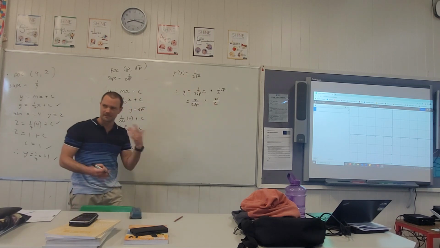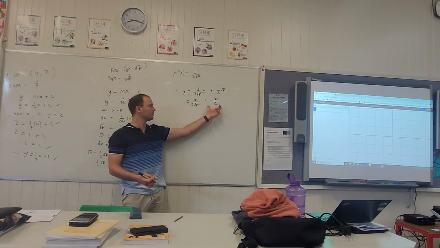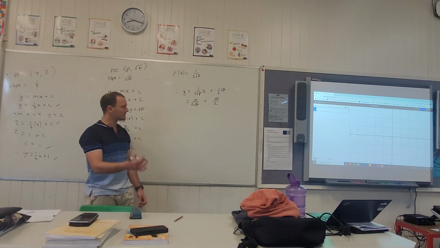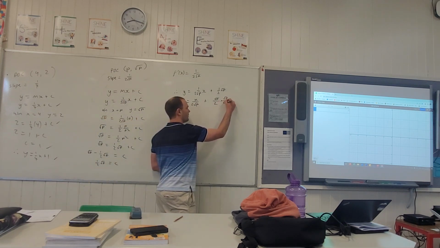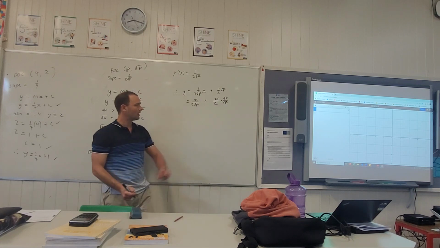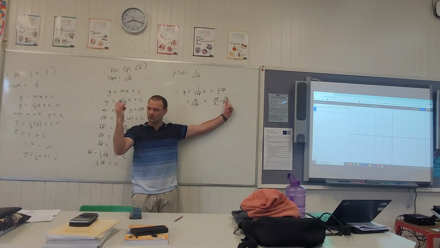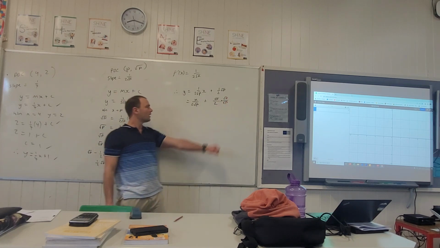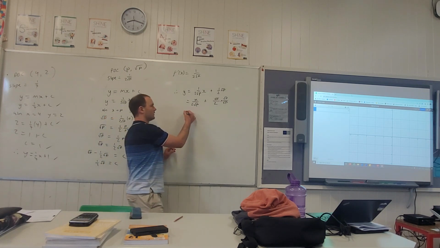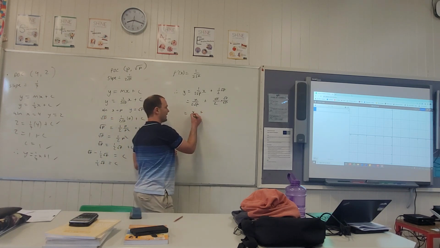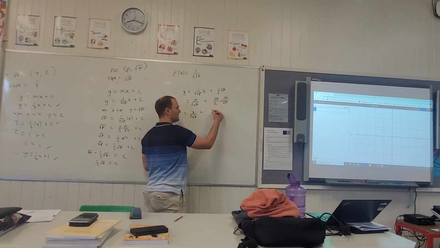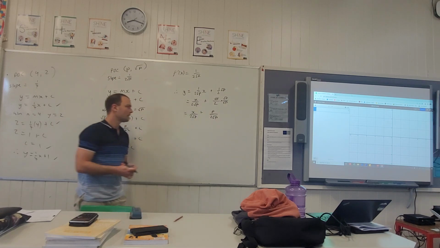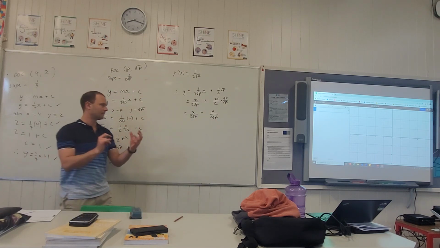They almost have the same denominator, this one's only a little bit different. To make it the same, we multiply this one by root p on top of root p. We're multiplying it by 1, so we're not changing its value. Then we're going to have x on 2 root p plus root p times root p is p. Now they have the same denominator, we can bring them together.